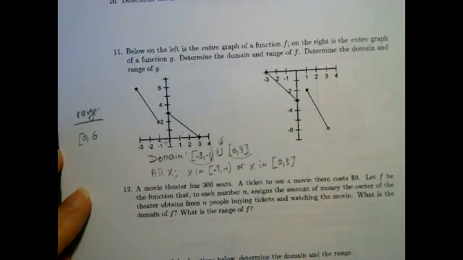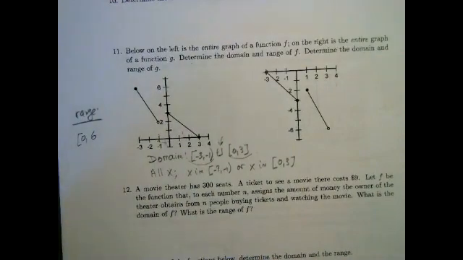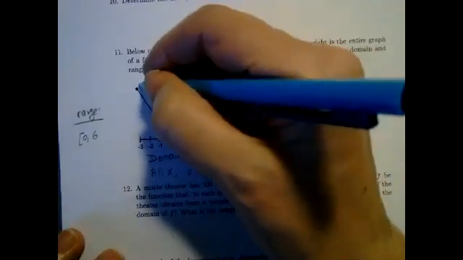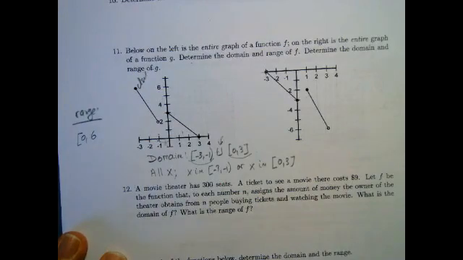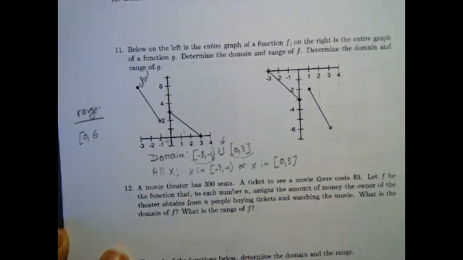Okay, let me ask you, can you give me an input whose output is 6? This is closed. Is there a value of x such that f of x is 6? No. Are you sure? You have to look carefully.